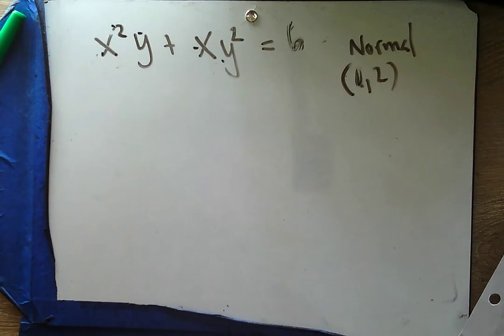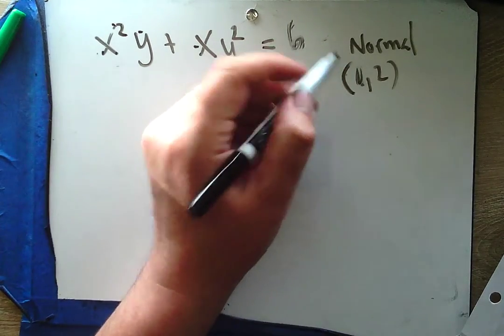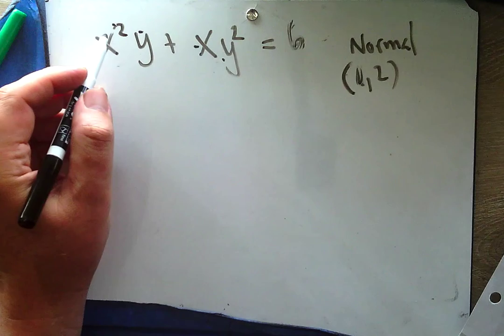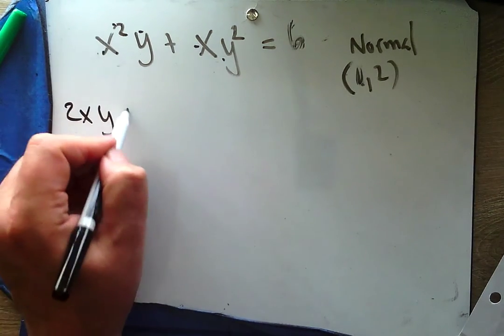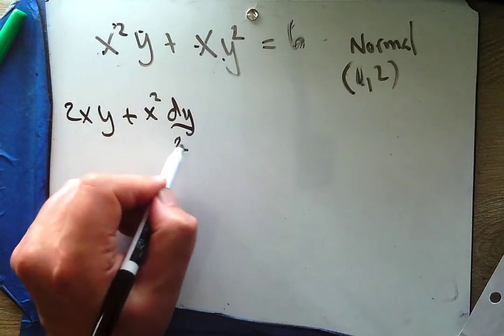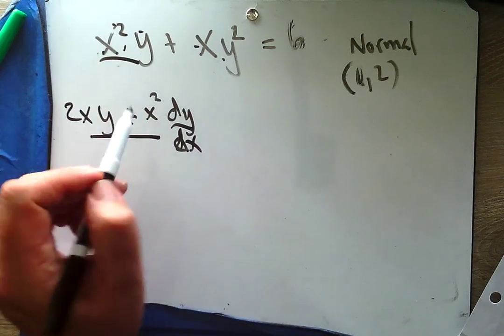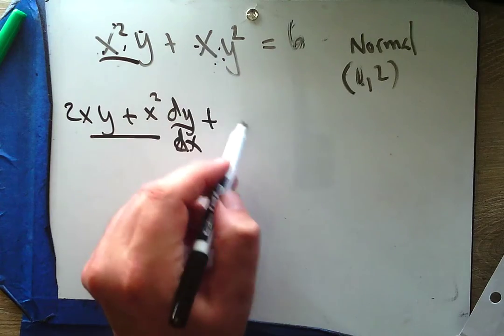All right. So let's do some derivatives because we need a slope to write the equation of the normal. If I do a derivative here, I'm going to have 2xy plus x squared dy dx. Remember, this is a product, so I'm using the product rule. Now a plus sign, and then another product.